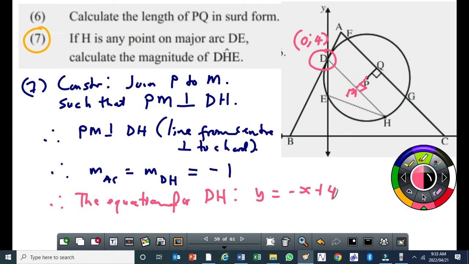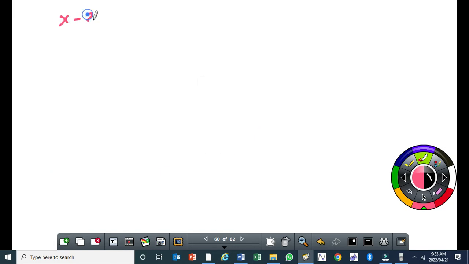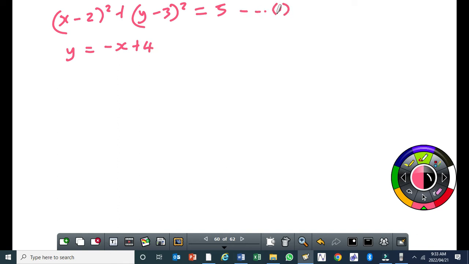Then from here, I need to calculate the coordinates of H. To do that, I'm going to substitute the equation of DH into the equation of the circle. Yesterday our equation of the circle is (x minus 2) squared plus (y minus 3) squared equal to 5. The new equation for DH is y equals minus x plus 4. This one I can call equation 1, and that one equation 2.